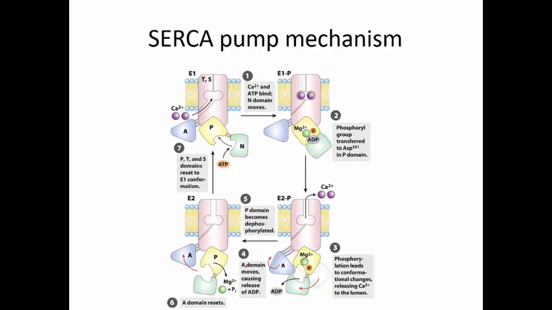And then the next thing that's going to happen is we have to get this dephosphorylated. So that's going to get dephosphorylated here so that we can start over again. And everything just resets so that we can go back through again. So just like enzymes, we have to get back to where we started so it can keep doing it.